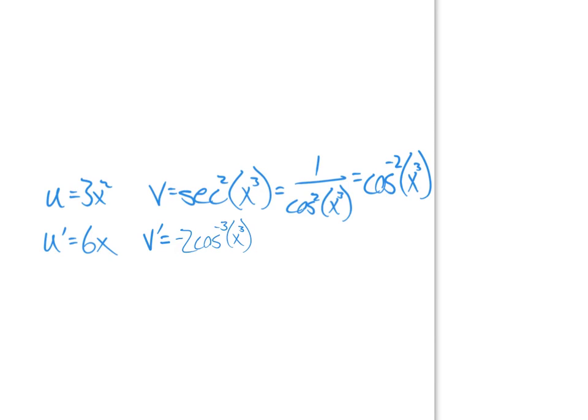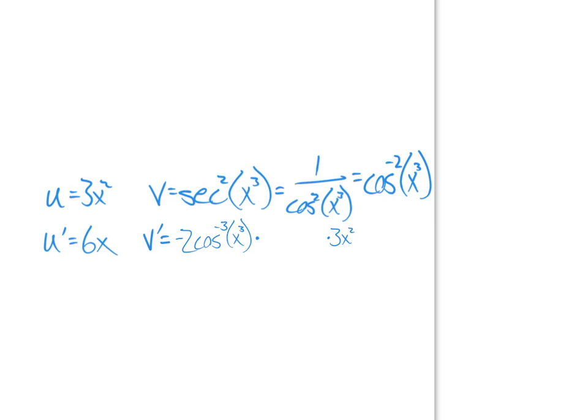Notice that x cubed stays put. We need more, we've got a chain in a chain here, so times 3x squared. I'm going to put that at the end because that's the innermost function.